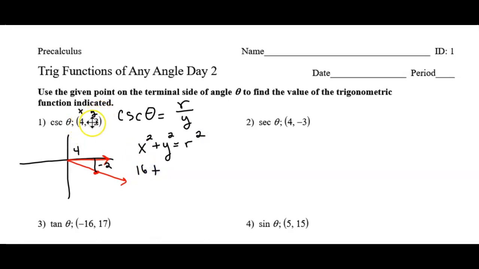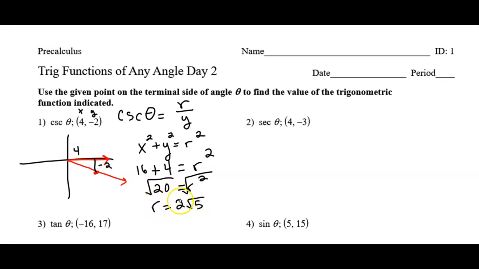Y squared, square your -2 and get 4, equals r squared. 16 and 4 will give us 20. Taking the square root, and remember r is always positive, so don't worry about the plus or minus out front. And the square root of 20, you're just going to go ahead and simplify that. 20 is 4 times 5, so this is 2 square roots of 5.